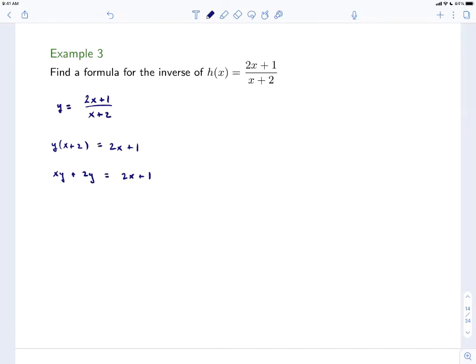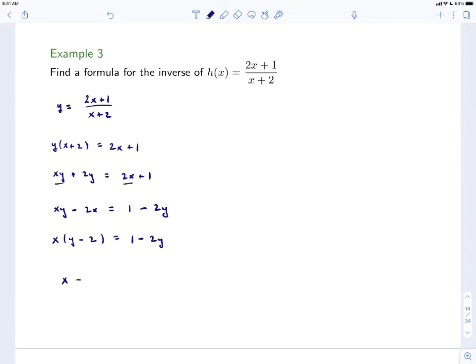We want to solve for x, so we're trying to get all of the x's together. So xy minus 2x is equal to 1 minus 2y. So notice I've also subtracted that 2y over to the other side. So now I factor out the x: x times y minus 2 is equal to 1 minus 2y.